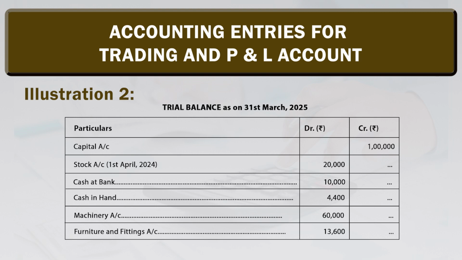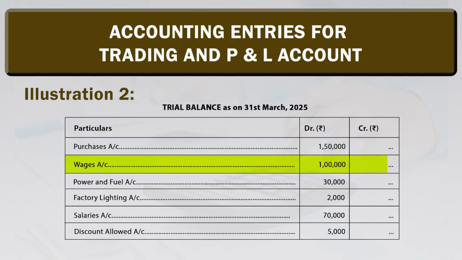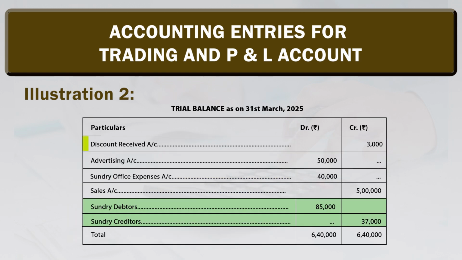The first we have is capital account, then stock, that is our opening stock, then cash at bank, cash in hand, machinery account, furniture and fittings account, purchases account, wages account, power and fuel account, factory lighting account, salaries account, discount allowed account, discount received account, advertising account, office expense account, then sales account, then sundry debtors, then sundry creditors, and finally the total of both the sides is equal, that is 6,40,000 rupees.